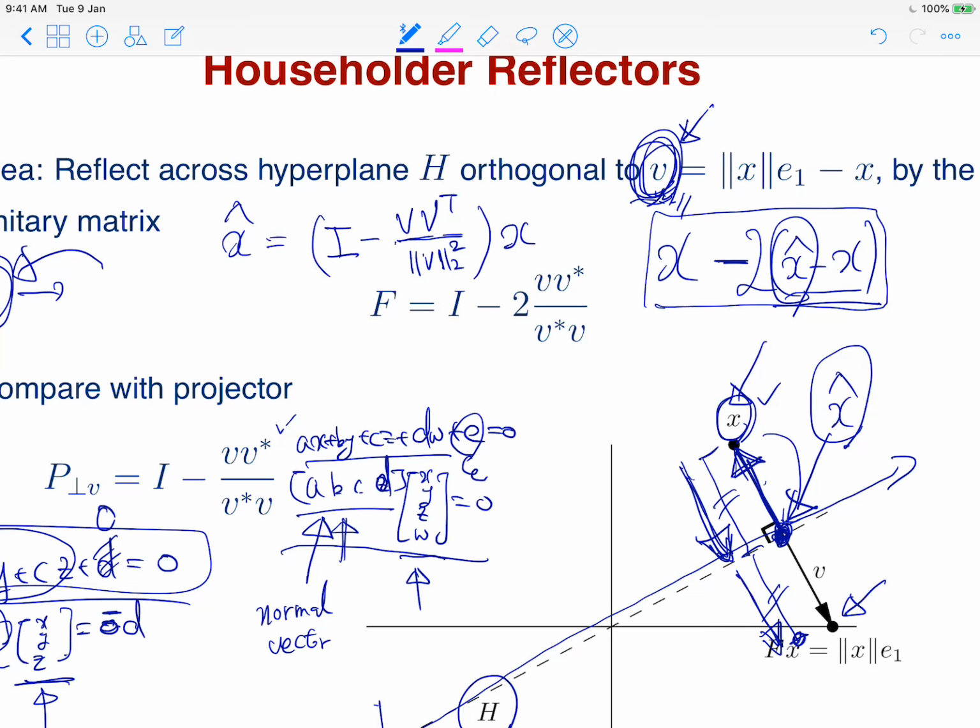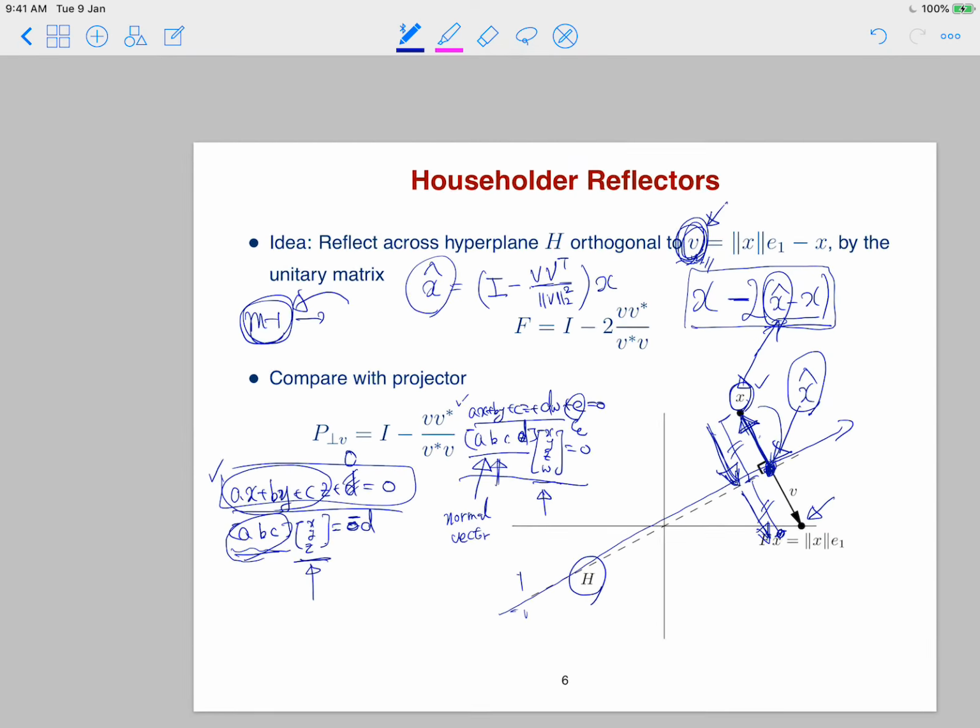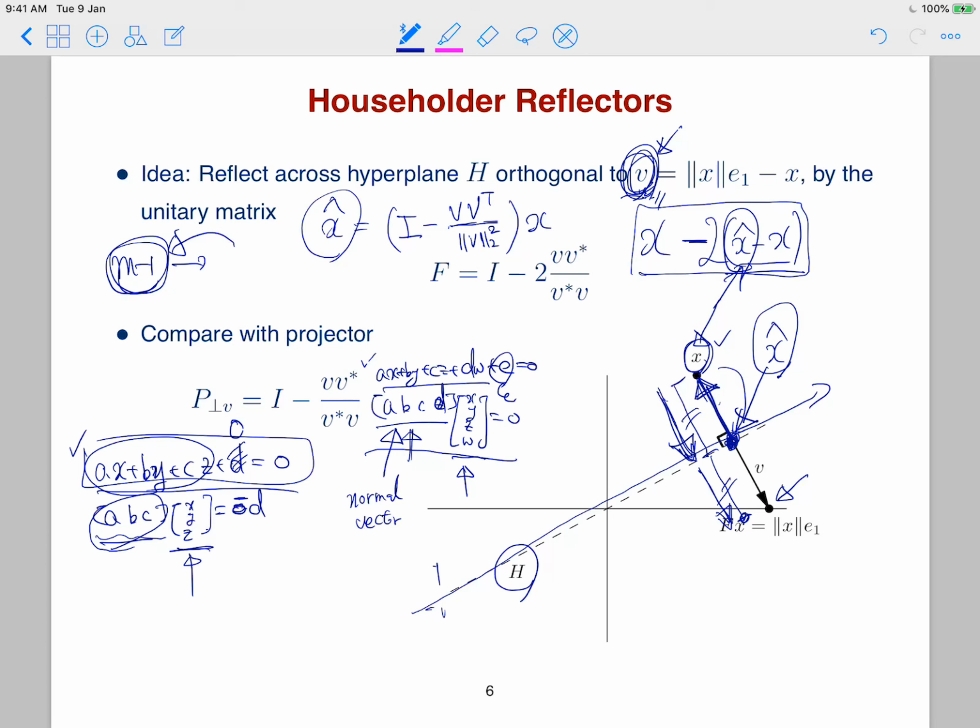Okay, so let's plug this x hat into this part. It is 3x minus 2x hat, right? And this is plugged into this part.